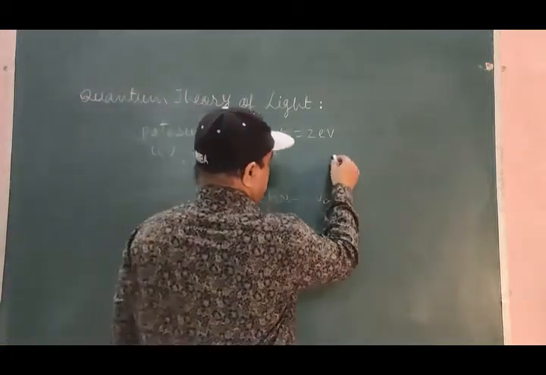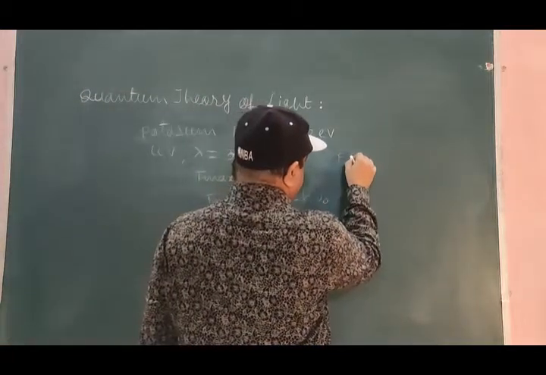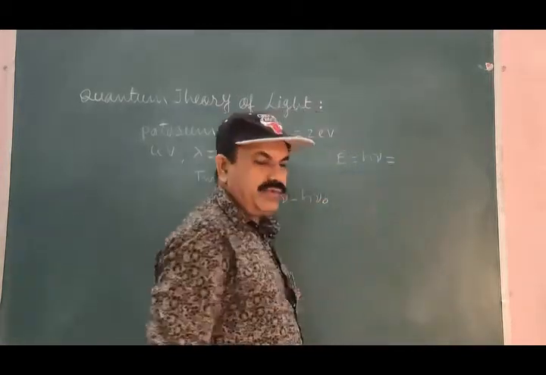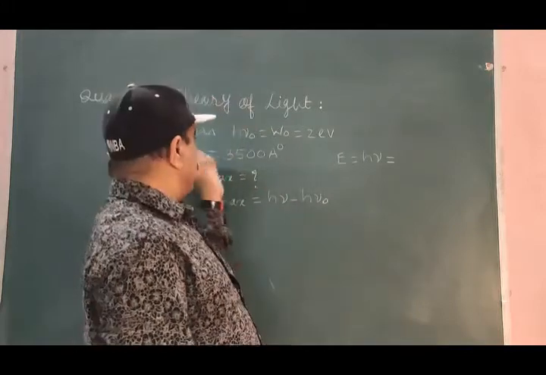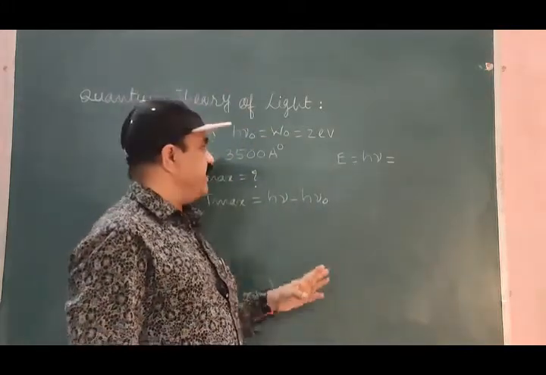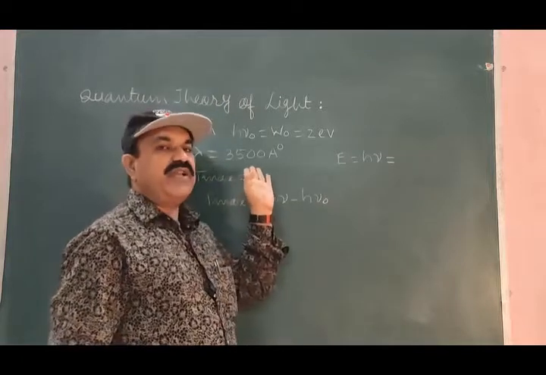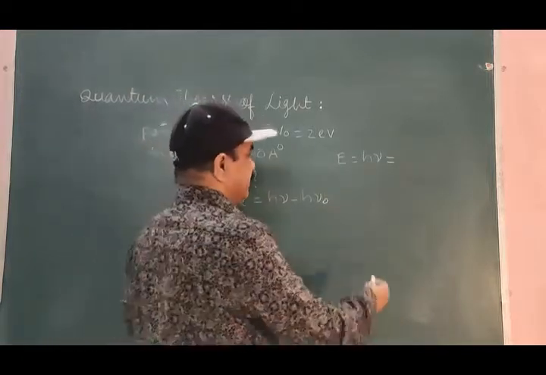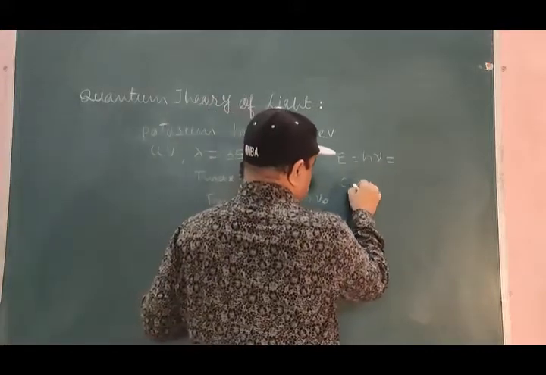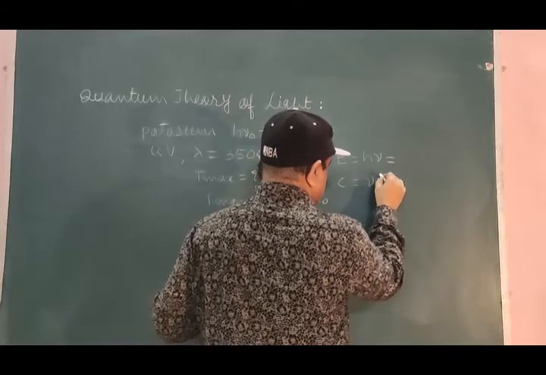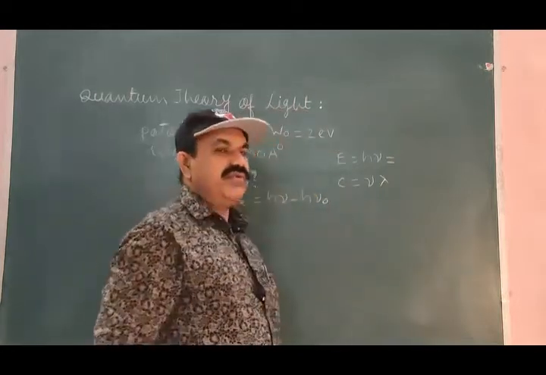Now, this E is equal to h nu, frequency of ultraviolet light. It is not given. Instead, we are provided with wavelength of ultraviolet light. We know general formula: C is equal to nu lambda.